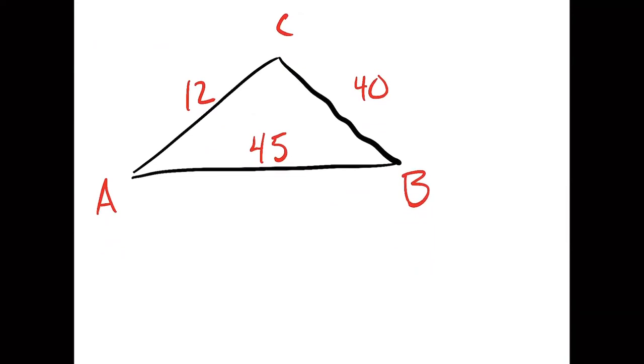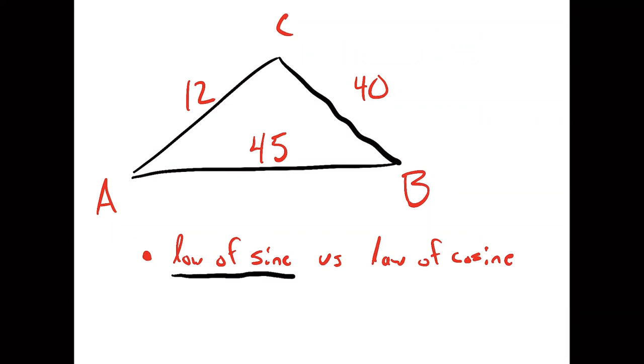And so, again, you can do this algorithmically. The first thing that you can do is try to decide between law of sine versus law of cosine. This is an optional step, since most of the time the Law of Sine tells you which one to use. But let's go ahead and decide. If we wanted to use law of sine, we'd need at least one side and its opposing angle.